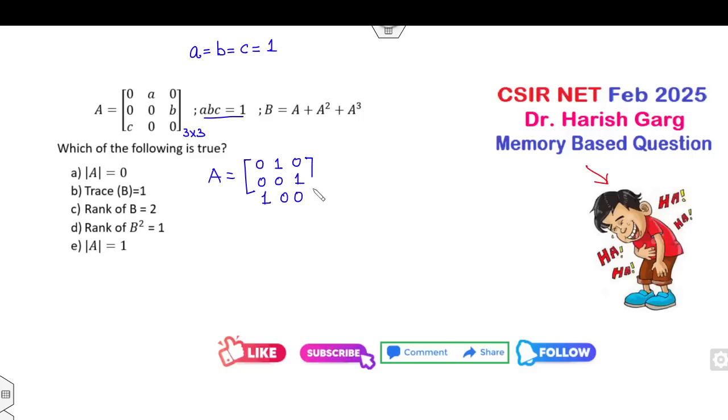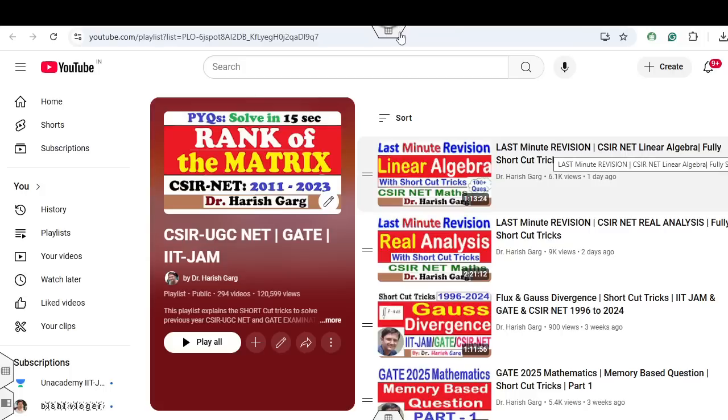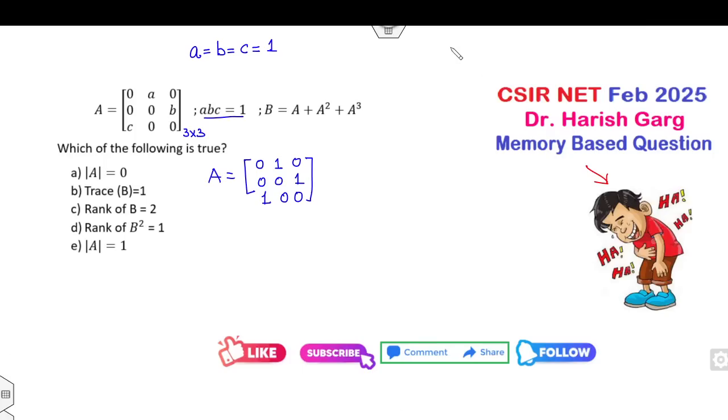1, 0, 0. Now what I told you in my last minute revision: whenever you see a question related to a matrix, you can solve it either with the help of eigenvalues or with the help of rank. So can you find the eigenvalues of A? Clearly it is a 3 cross 3 matrix, and you can see the sum of each row is 1. So one of the eigenvalues is 1. Can you find the other eigenvalues?